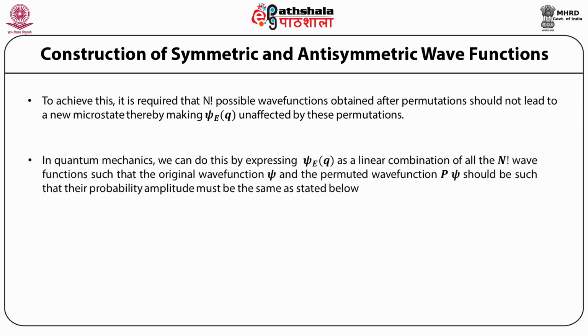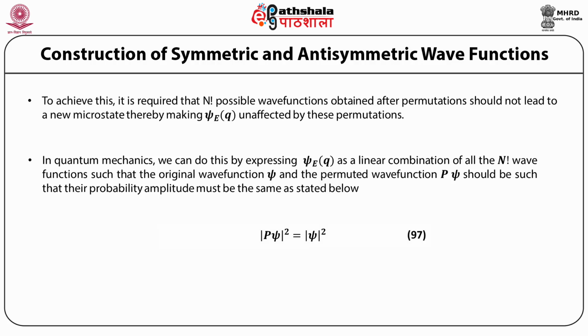In quantum mechanics, we can do this by expressing psi_E as a linear combination of all the N factorial wave functions such that the original wave function psi and the permuted wave function P psi have the same probability amplitude, as stated below. That is, the probability amplitude of P psi is equal to the probability amplitude of psi.